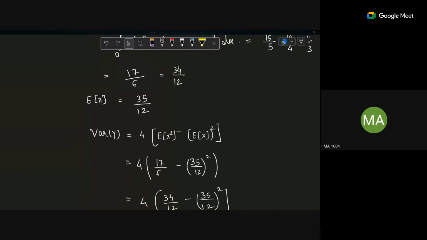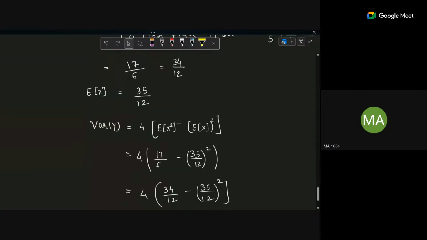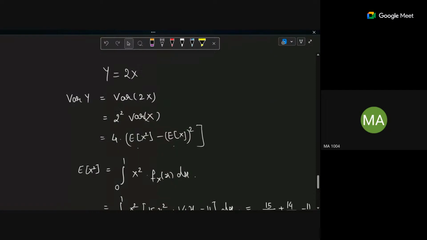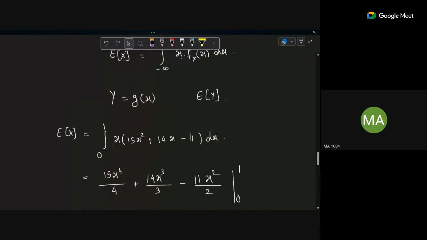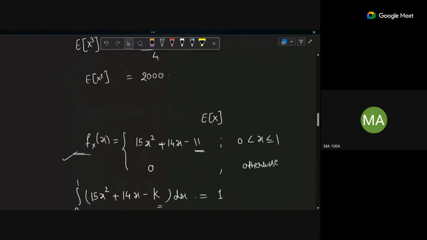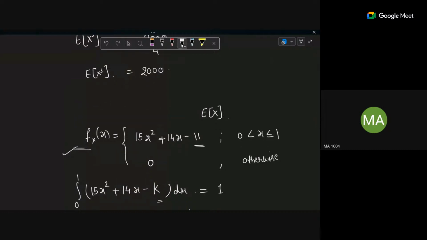Okay, did you get my point? This is creating a problem because we changed this PDF. Initially when it was 15, it was not a valid PDF, so we changed it to negative 11. It may be possible that due to this it occurred, because PDFs come from some random variable, some experiment on which we define a random variable, and then we come up with the distribution.